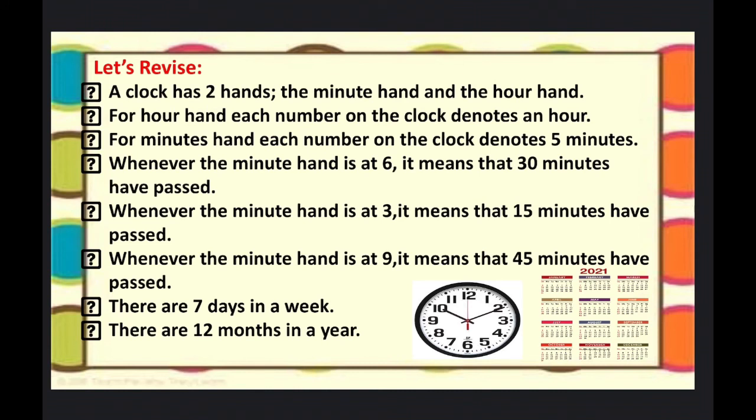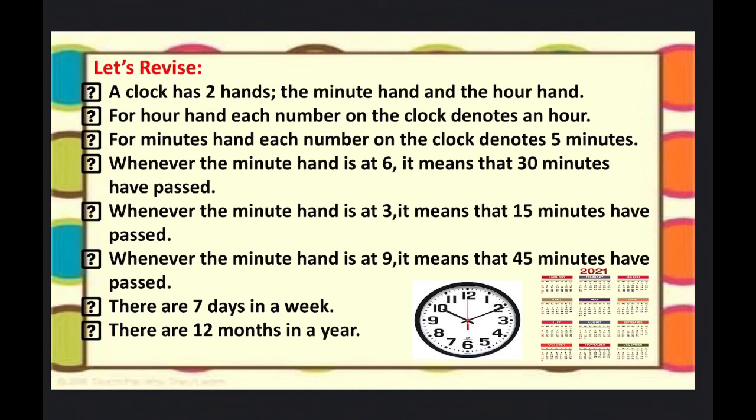Whenever the minute hand is at 6, it means that 30 minutes have passed. Whenever the minute hand is at 3, it means that 15 minutes have passed. Whenever the minute hand is at 9, it means that 45 minutes have passed.